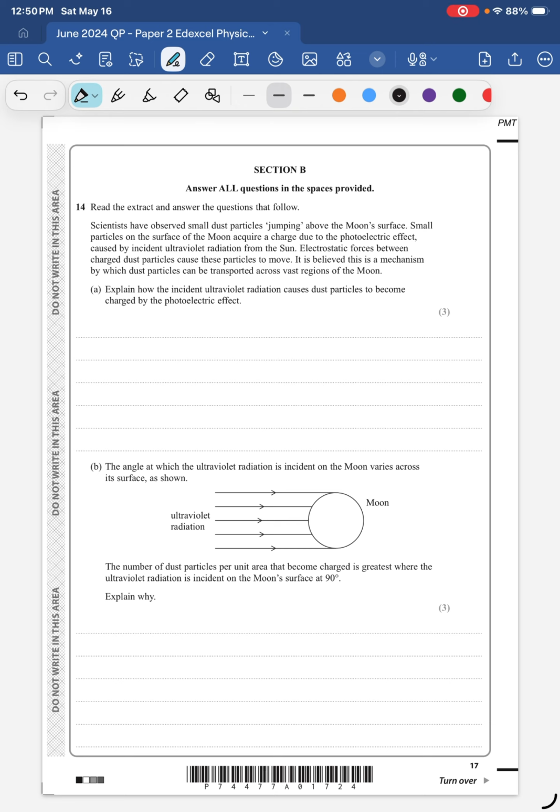Small particles on the surface of the moon acquire a charge due to the photoelectric effect caused by incident UV radiation from the sun. Electrostatic forces between charged dust particles cause these particles to move. It is believed this is a mechanism by which dust particles can be transported across vast regions of the moon.